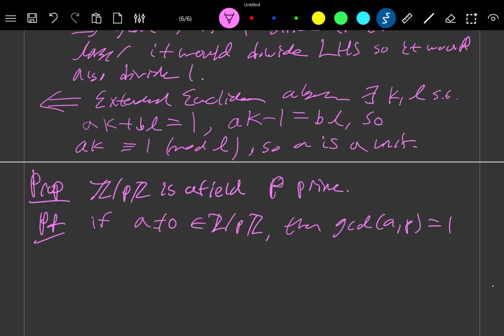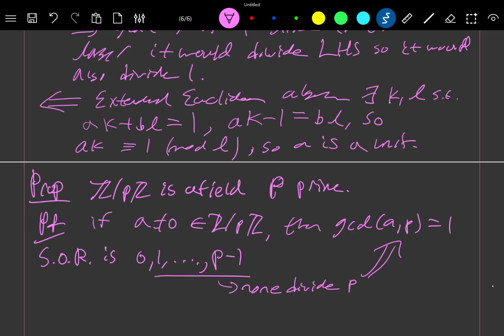If we note that our system of representatives is 0, 1 to p minus 1, none of these divides p. So that tells us that the GCD of a and p has to be 1. So a is a unit, and we are done, because a non-zero element being a unit is exactly the definition of a field.